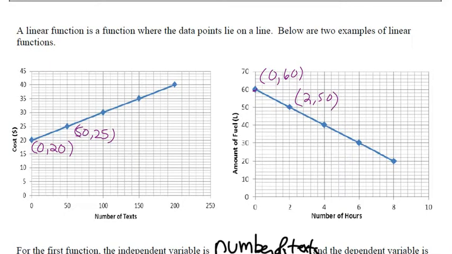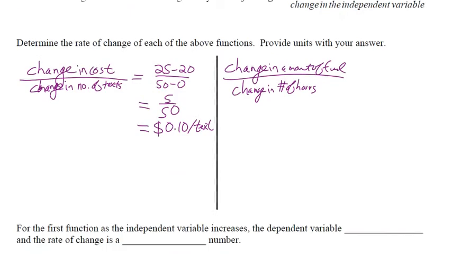So the amount of fuel is changing, going from 60 to 50. And at the same time, the time is changing by going 0 minus 2, I guess, because they need to match up, right? If I go with 60, the 60 goes with the 0. And the 50 goes with the 2. So we get 10 over negative 2 or negative 5.